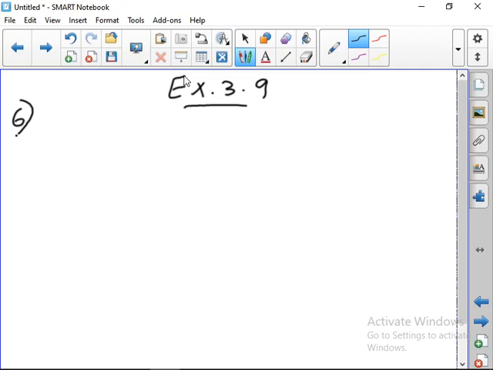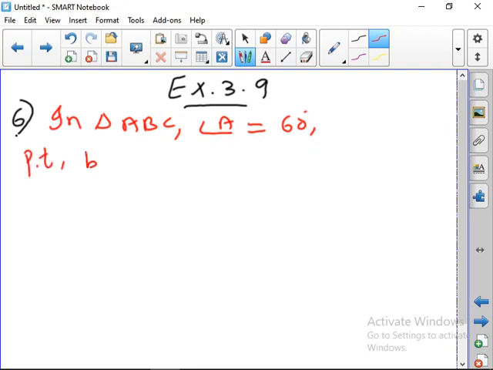Given in triangle ABC, angle A is equal to 60 degree, then we have to prove that B plus C is equal to 2A cos B minus C by 2. Okay, this is what we have to prove. Now, what is given?